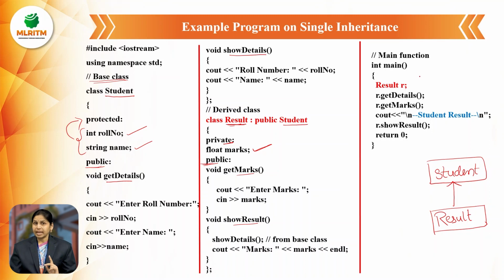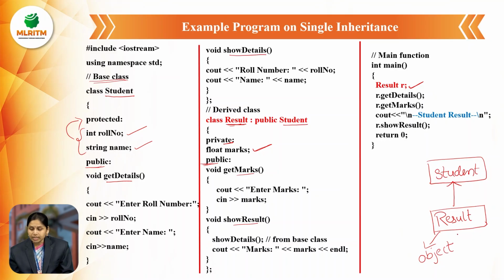Now when we use the inheritance concept, inheritance means it contains more than one class. But in main, we have to declare the object always for the child class. In inheritance, the object is always created for the child class only.